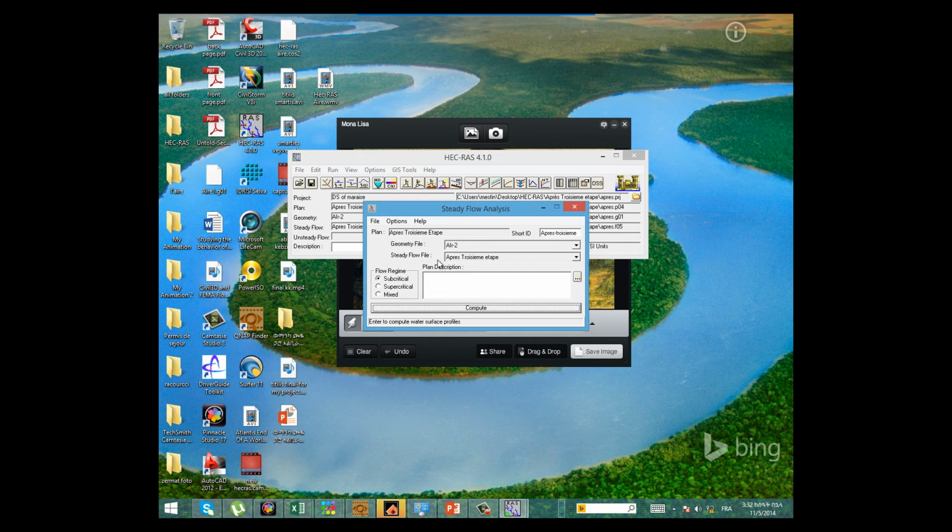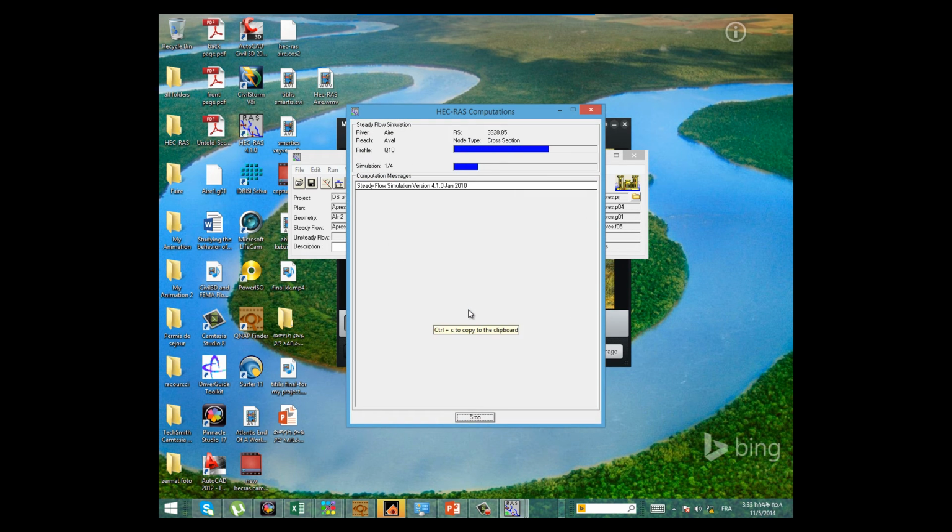We can calculate now, because first of all we have to create a plan, and then we save it. You see, we open a plan and save, so let's compute now. Because we have done everything, okay, now we are successful in our computation.